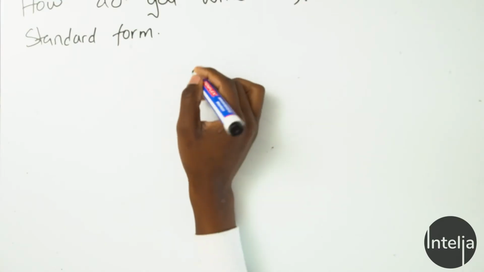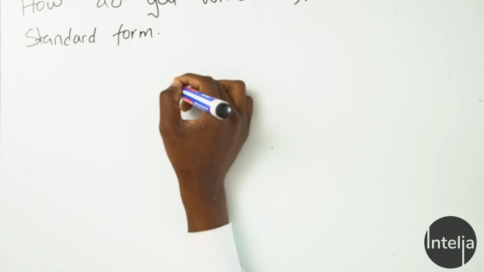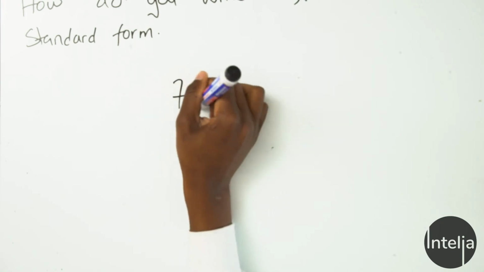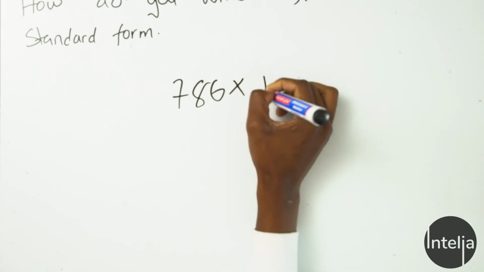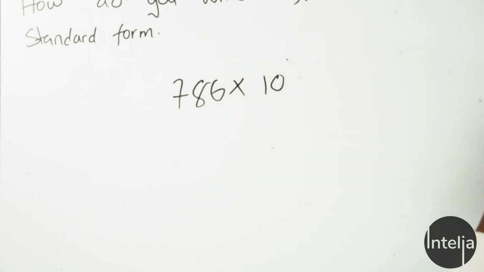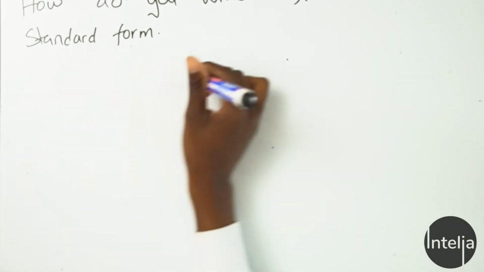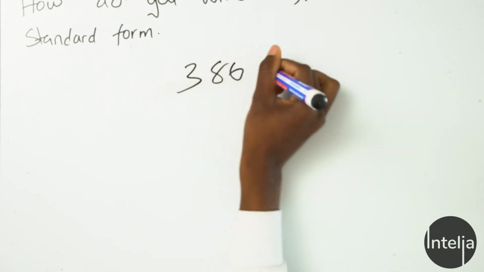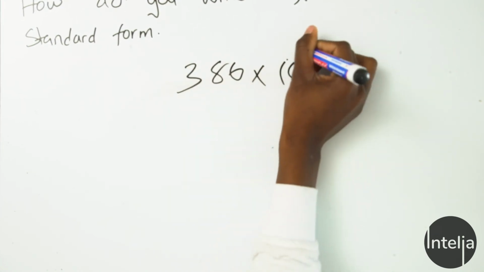So for instance, you're given a question like 386 times 10 to the power 5.